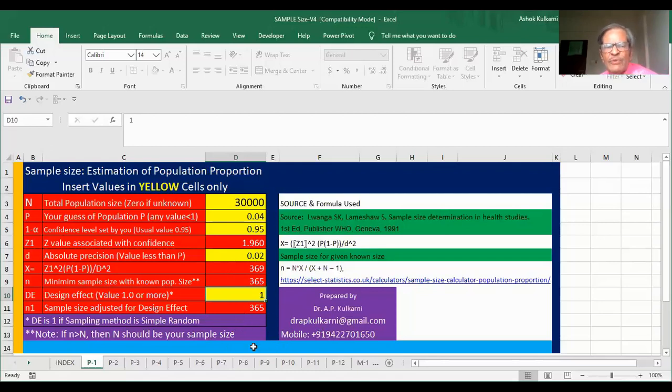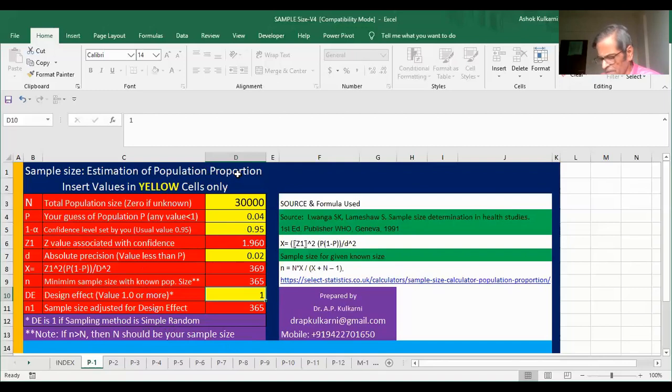So that's how you calculate. You can play with different percentages, different prevalences and different confidence intervals. Like this you can do it when you are dealing with estimation of a population proportion.